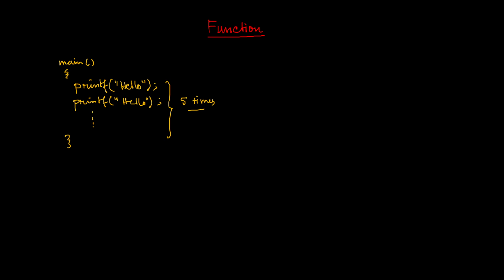If there is a way by which we can re-execute the single printf hello statement 500 times, then hello will be printed 500 times. This is what we have seen, that we can do this using a loop.